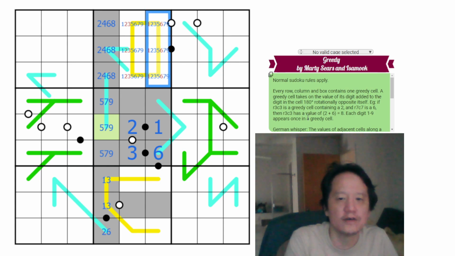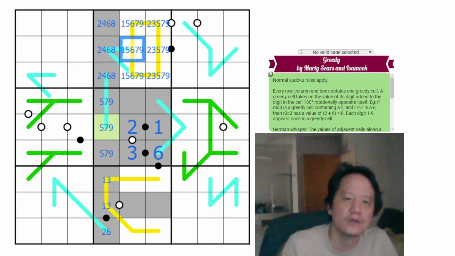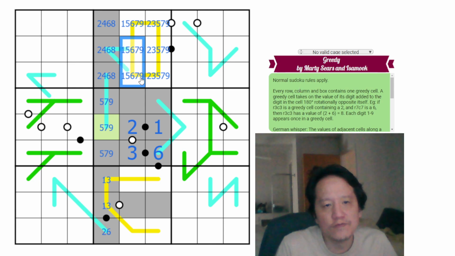So this cannot have a 1 or 6. This cannot be 2 or 3. One of these could be, oh, we don't know. This cannot be 3. This has to be 12.